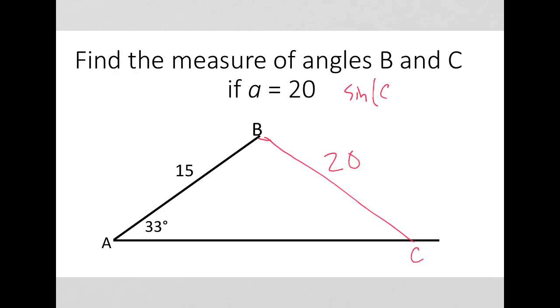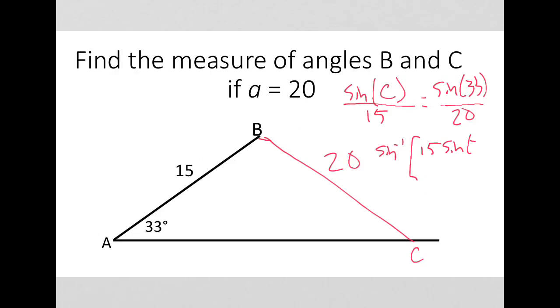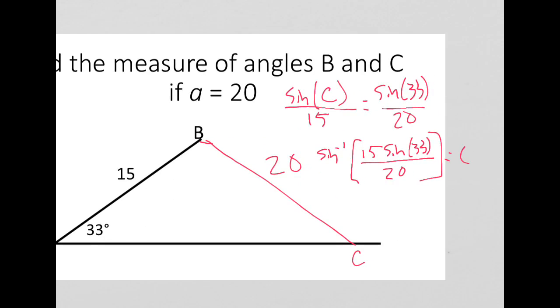But I could say the sine of angle C divided by 15, the opposite side, equals the sine of 33 divided by 20. And so then, that means the inverse sine of 15 sine 33 divided by 20 will equal C. Let's crunch that.